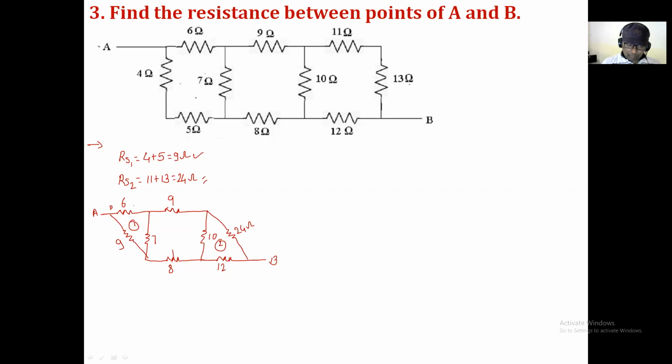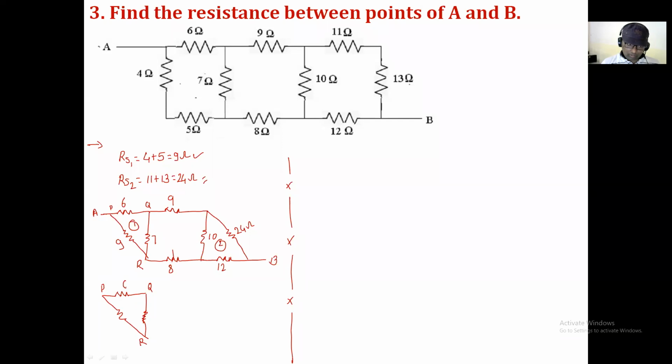I can write here P, Q, R. Now, our second step is we will try to convert this PQR delta into star. So for that, let me try to draw the diagram as it is here. This point is P, this is Q, this is R.